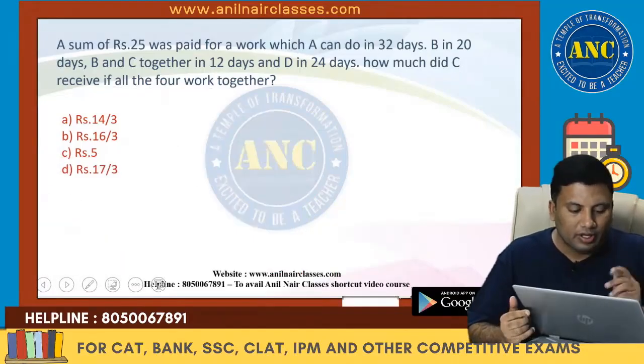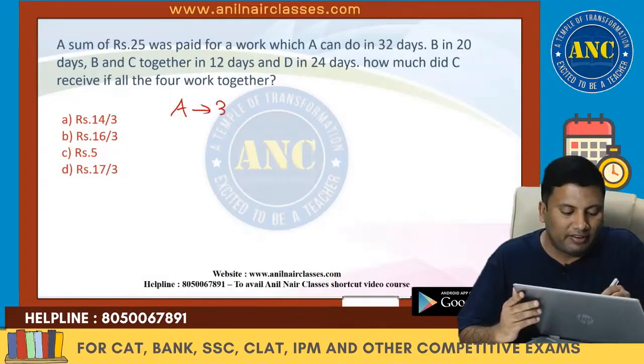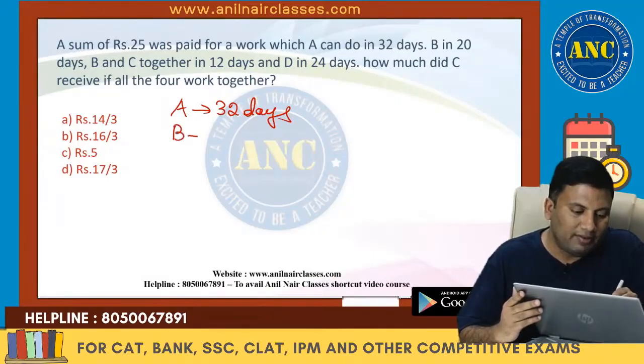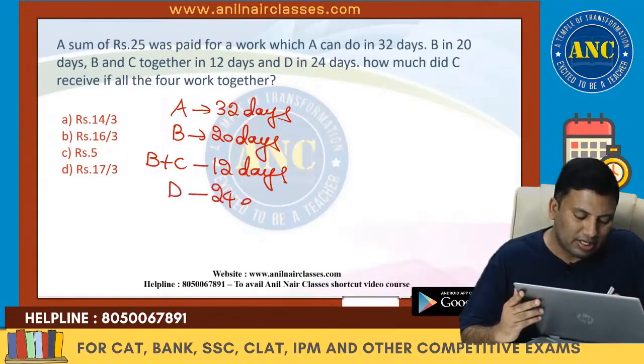Now see here. If you take 240, you will get fractions. We should avoid fractions, so it is 32 days, B is 20 days, B and C together do it in 12 days, D is 24 days. Easy question, sir, only thing is you have to go step by step.